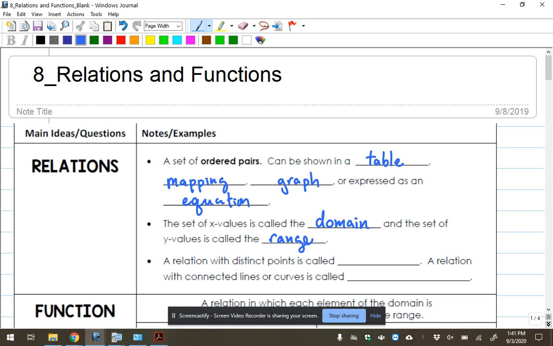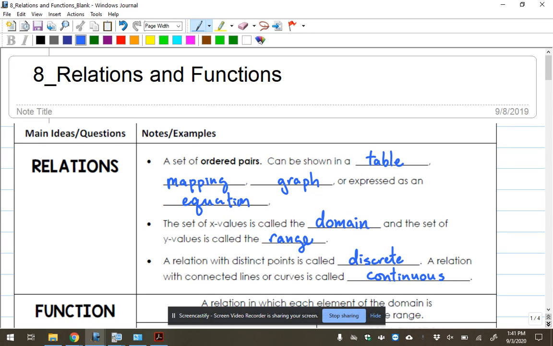Okay? The relation with distinct points is called discrete. And then the relation with connected lines or curves is called continuous. And that's always kind of a slippery thing that is hard to discern.